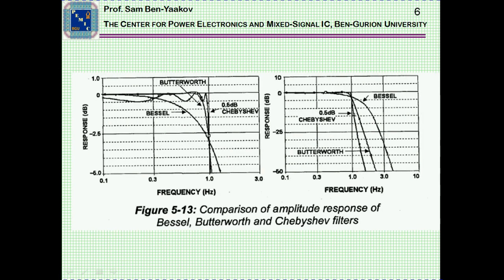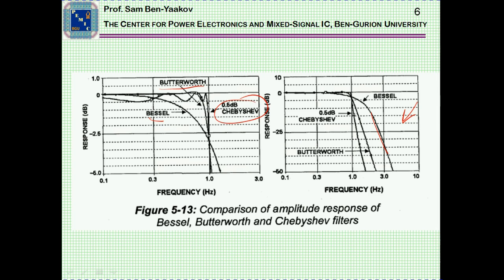Now, here are some examples of the responses of practical filters. There is the Bessel filter, the Butterworth, the Chebyshev filters, and you can see that these are for the low-pass response. And here are also the same filters, except that the roll-off here is different.